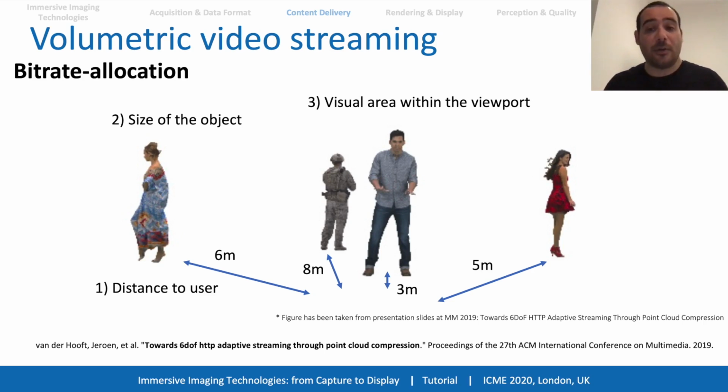In this scenario, we can allocate bitrate using 1. Distance to user, 2. Size of the object, and 3. Visual area within the viewport.